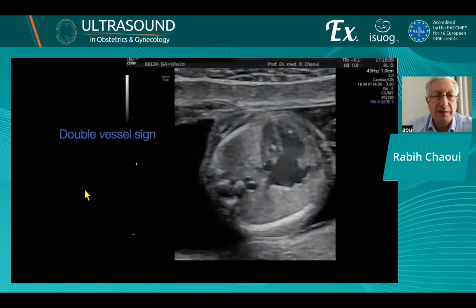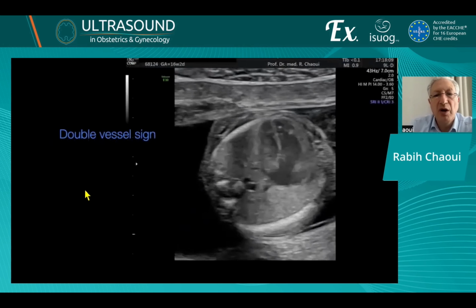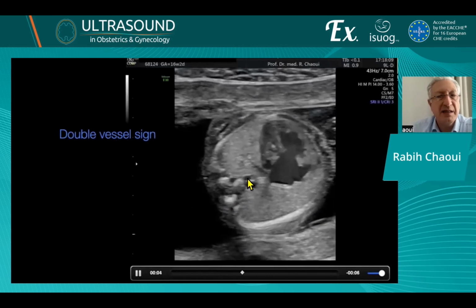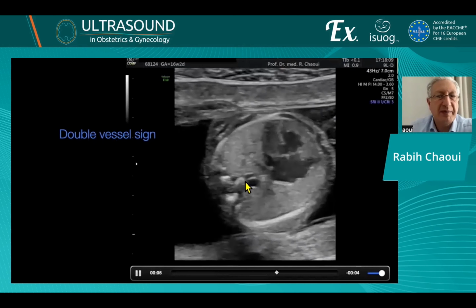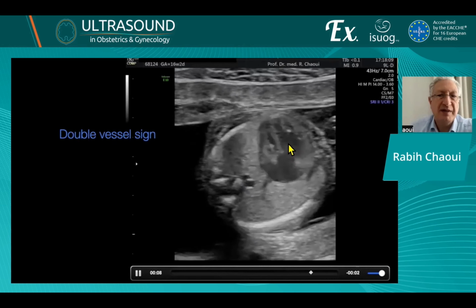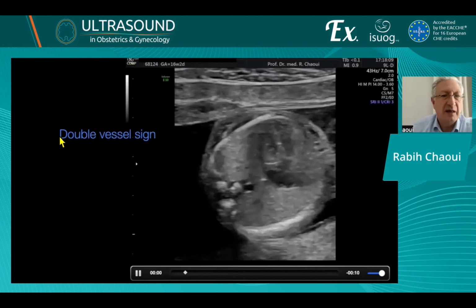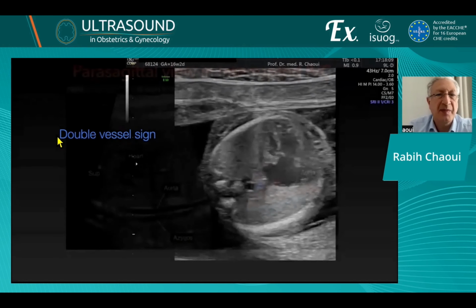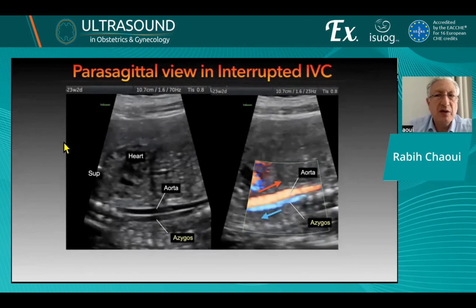And here from the same case from the apical view, you see this is the aorta, and this vessel on the left side is the hemiazygous, and you see the AV septal defect, typical for the left isomerism case. Now, when you see the double vessel sign, you can turn the probe in order to get a sagittal or parasagittal view. There you are able to demonstrate the two vessels side by side.